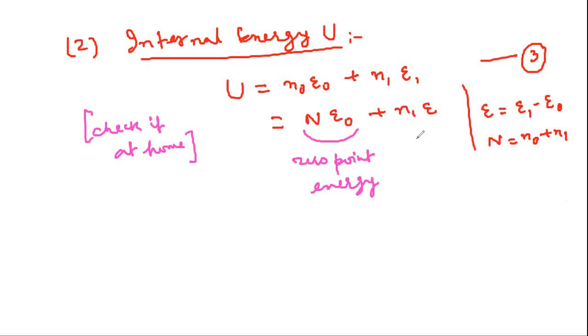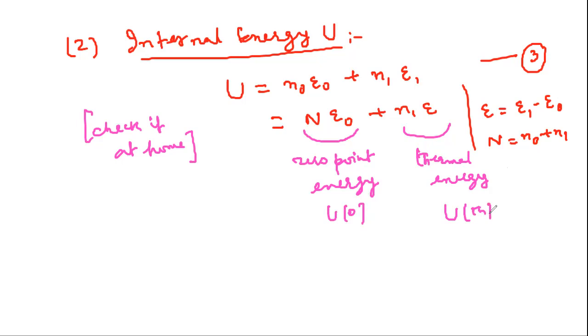And the second term is the thermal energy. You can call the first term U of 0. It is the internal energy of the system at T equal to 0. And this thermal energy you can write as U of TH, that is U thermal.